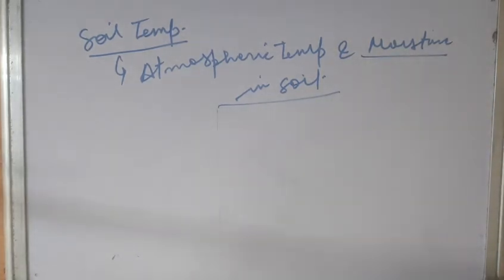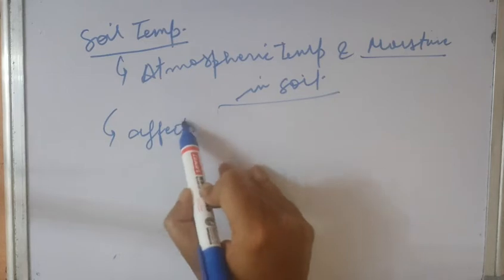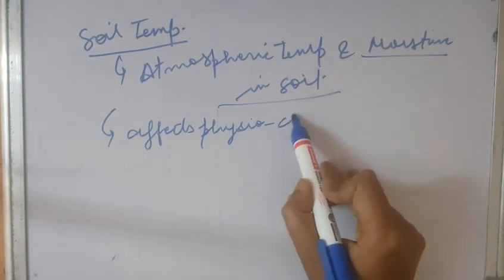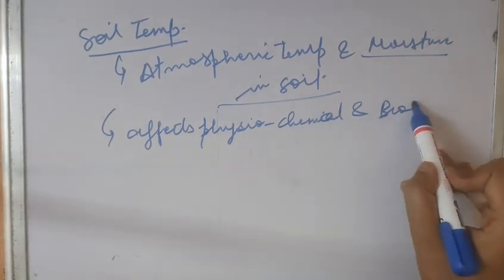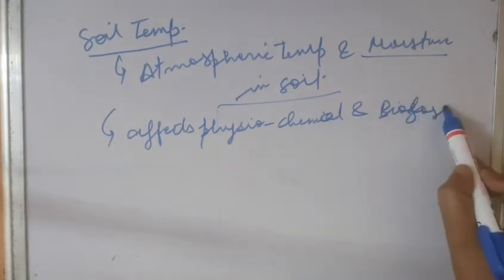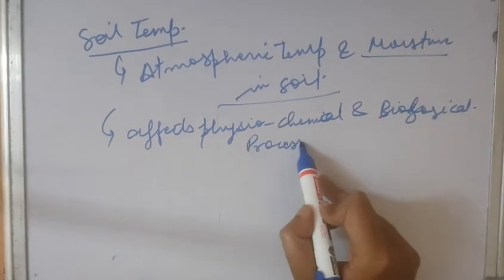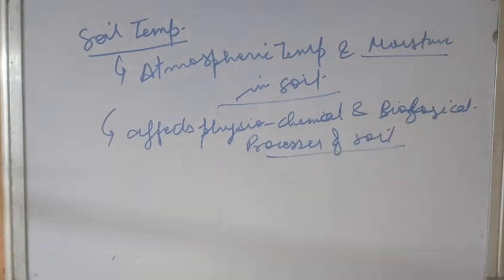It will reduce the temperature, as we all know that water has the ability to reduce temperature. Soil temperature affects the physiochemical and biological properties and processes of soil. Example, soil microorganisms are highly affected by temperature.